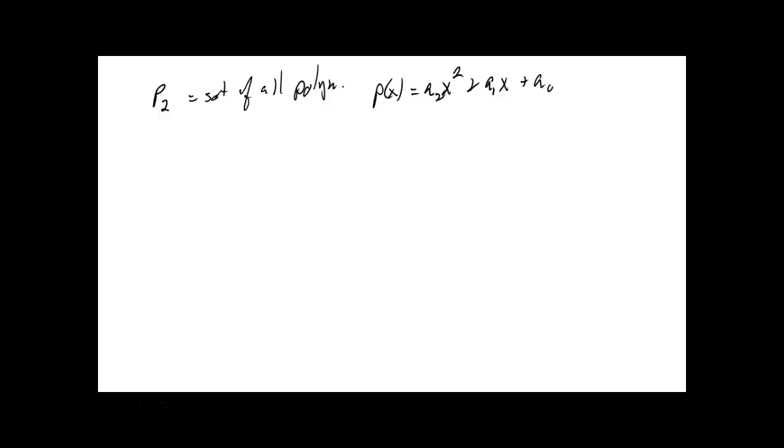Now, example 5. The vector space of continuous functions. This is from calculus. So let C of negative infinity to infinity be the set of all real valued continuous functions defined on the real number line. That set consists of all polynomial functions and all other continuous functions.